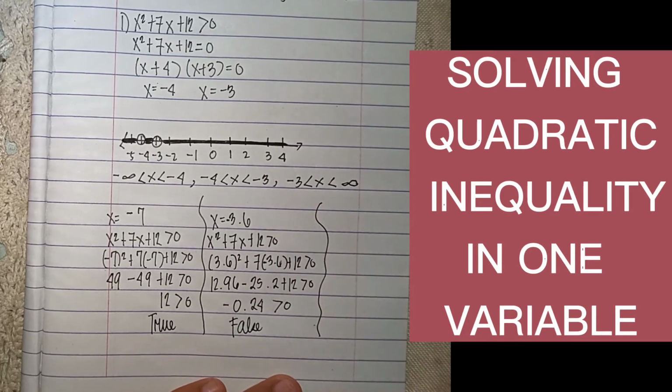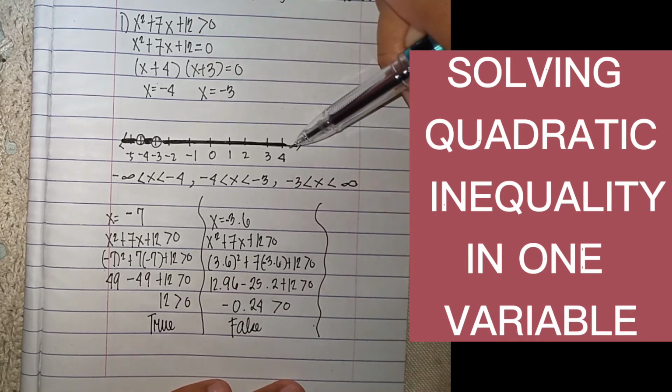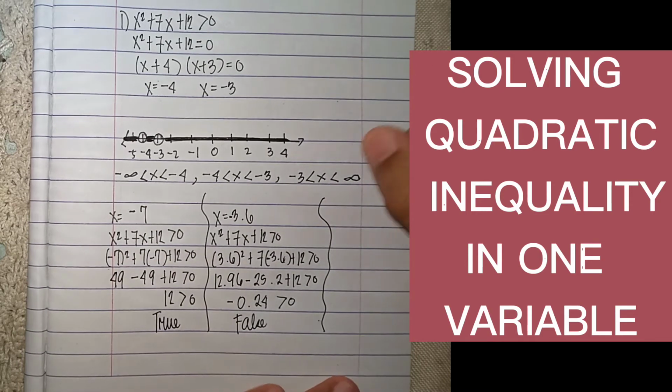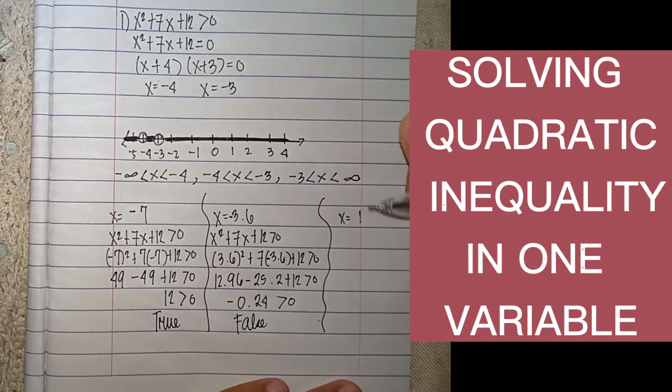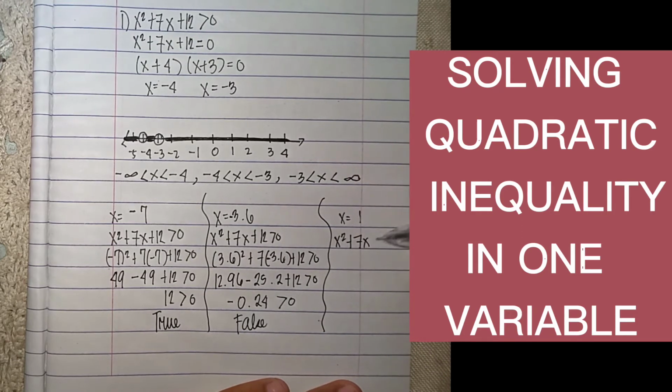Next, let's try numbers between negative 3 and positive infinity. For example, let x equal 1. Our quadratic inequality was x squared plus 7x plus 12 is greater than 0.